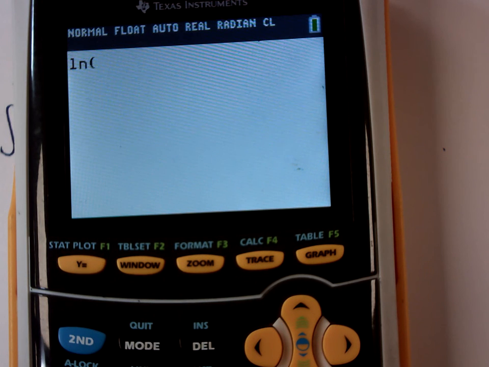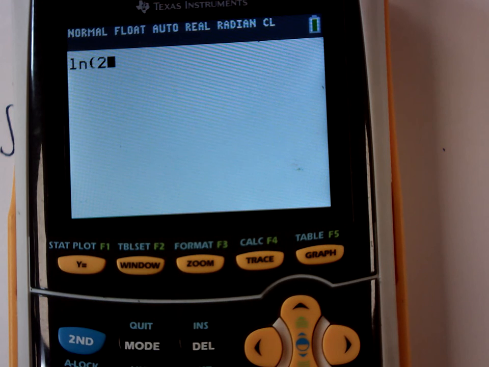See, now if I put the natural log of 2 and I put x, if I don't put parentheses around the ending of that 2, the calculator assumes that the x is inside where the 2 is. If I wanted the natural log of 2 multiplied times x, that's what I'd have to put.